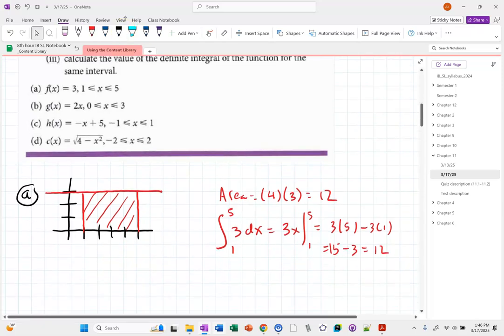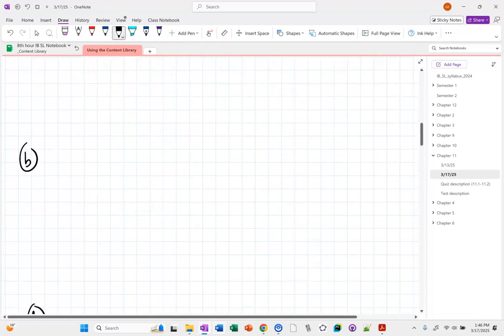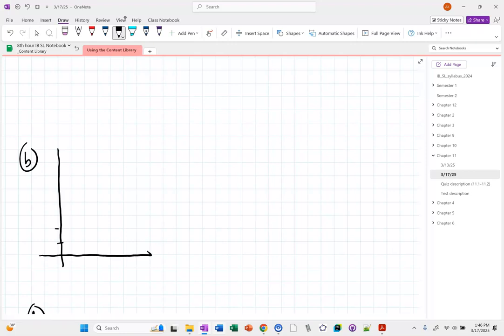Okay, let's do another. The next one is 2x, from 0 to 3. If I plot this, it's over 1 up 2, over 1 up 2, over 1 up 2. So there's y equals 2x. Going from 0 to 3, that's my shaded region. What shape is that?